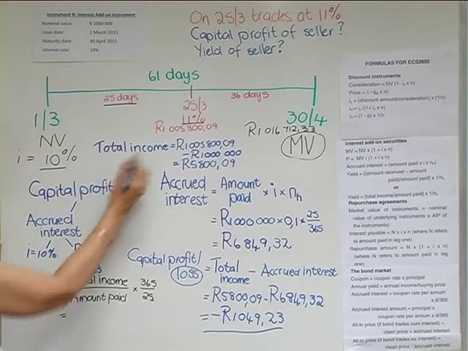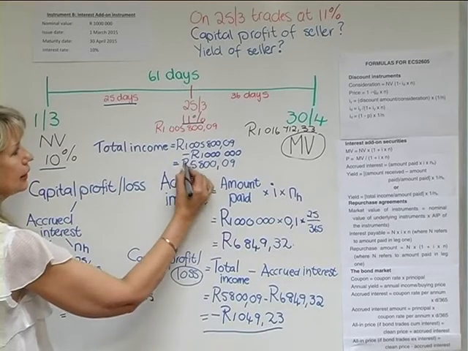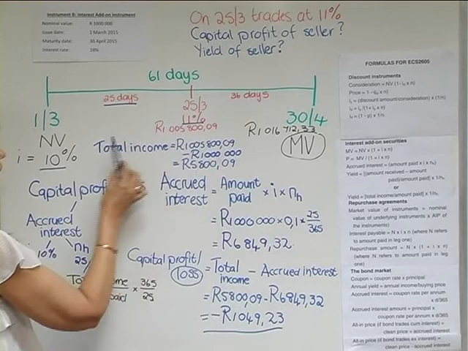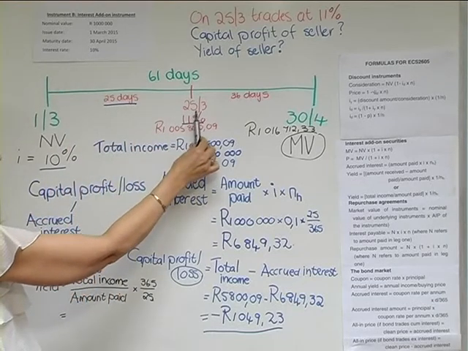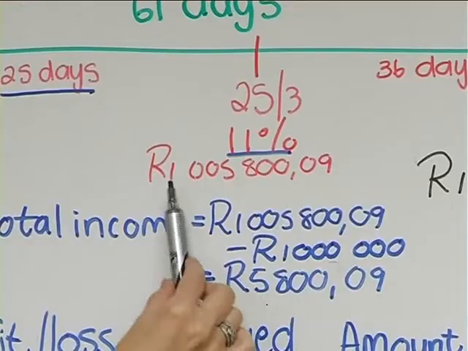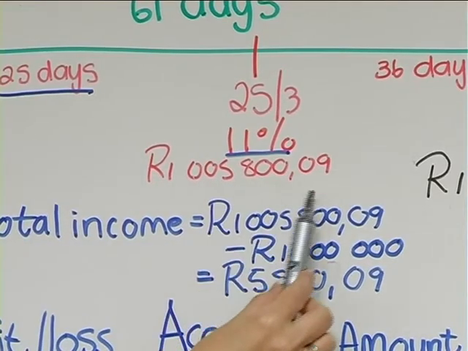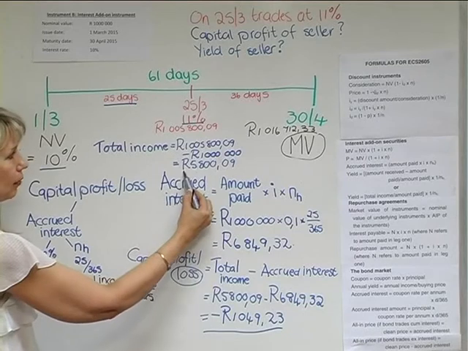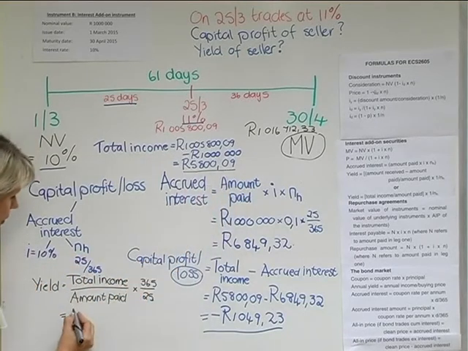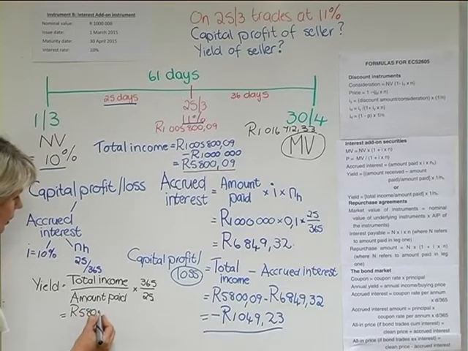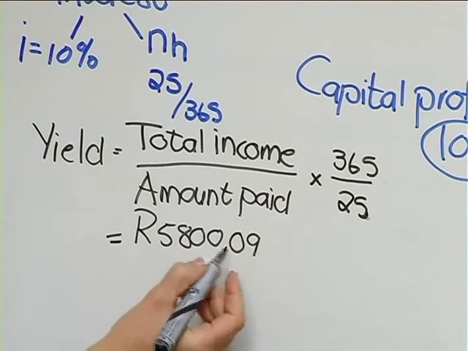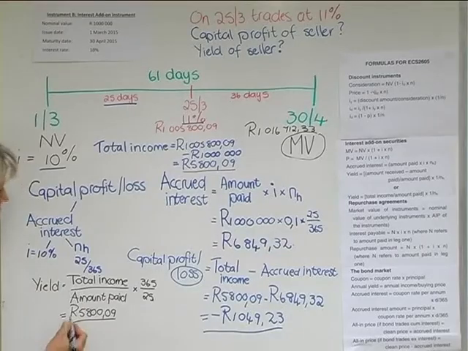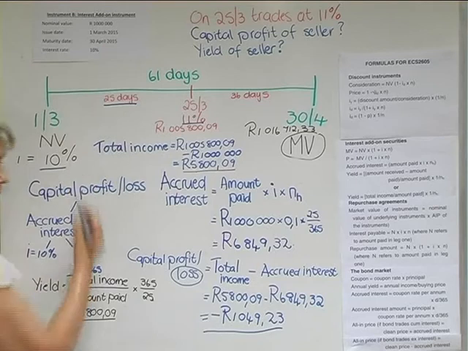So we know the total income is the difference between the price at which he bought it, 1 million, and the price at which it was sold in the secondary market, 1,005,809. So the total income is 5,800 rand and 9 cents, and the price at which he bought it was 1 million.